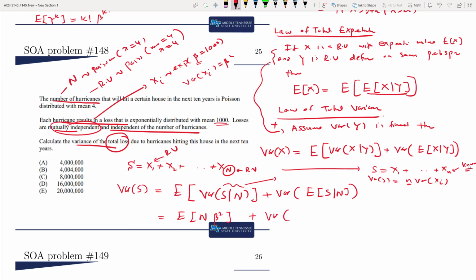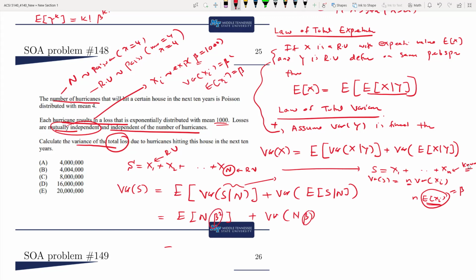You have n times the expected value of xi, and the expected value of xi is beta. You have n copies of xi, each one mutually independent and identically distributed, so the expected value is n times beta.